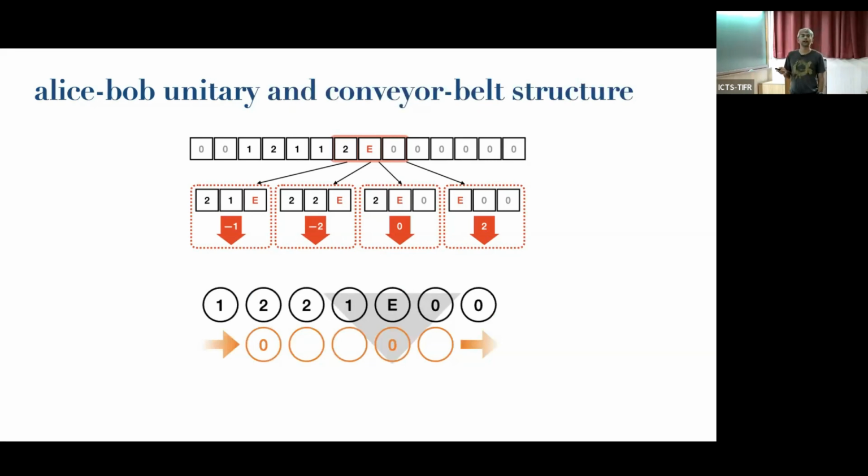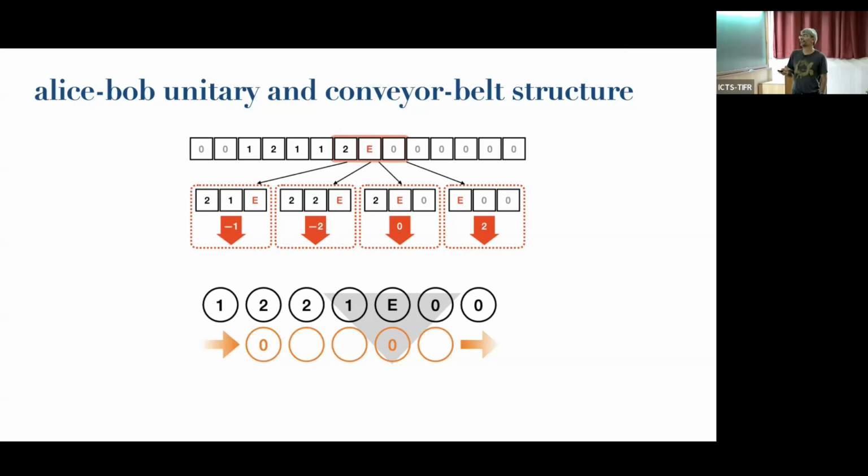Okay. And so you might worry about whether this is local because it seems as if I have to keep track of where the head of the tape is. But the way you deal with this is you can imagine that Alice's system is some kind of one-dimensional spin chain, and there's a waveguide or something else underneath it where qubits keep coming in from the left. They keep coming in and they keep trying to interact. They can't interact until they see the head.